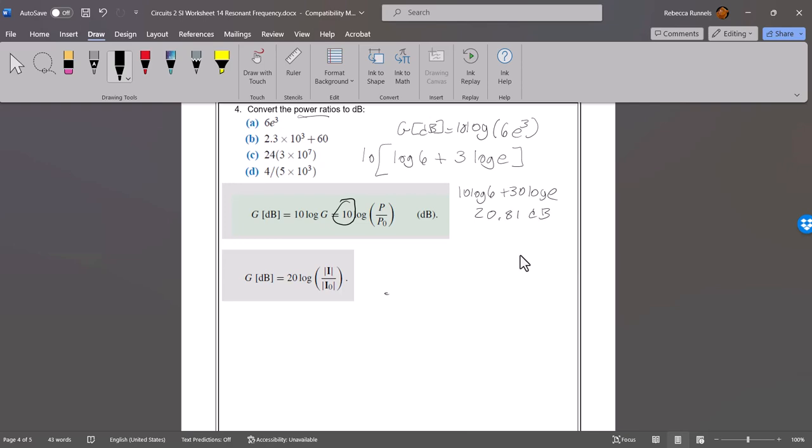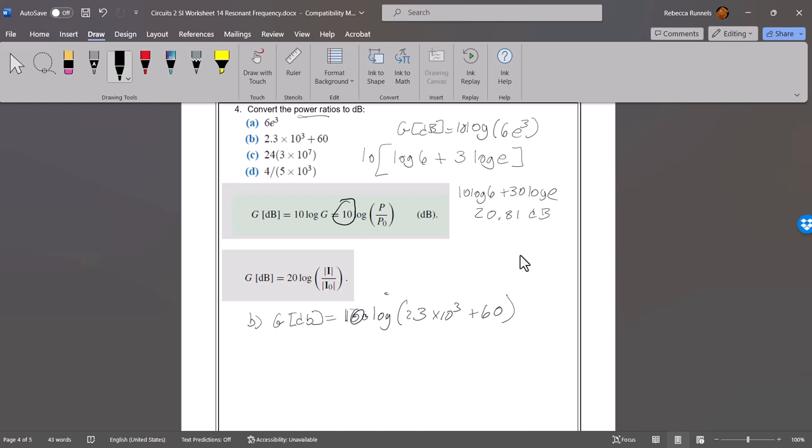Okay, now I'll skip to B. So B would be the gain in decibels is 10 log 2.3 times 10 to the third plus 60, which, now I can't separate out the plus.